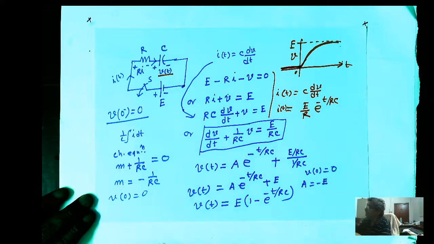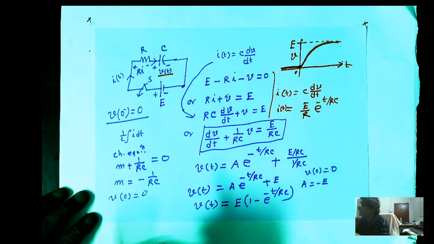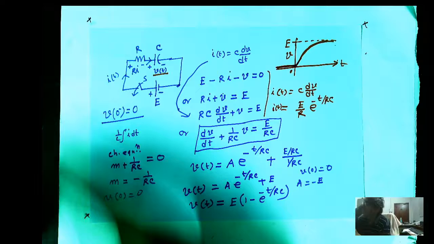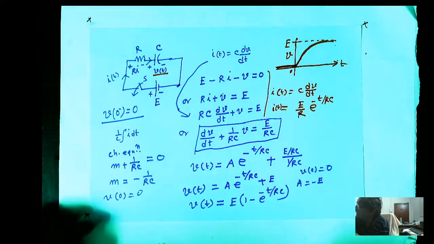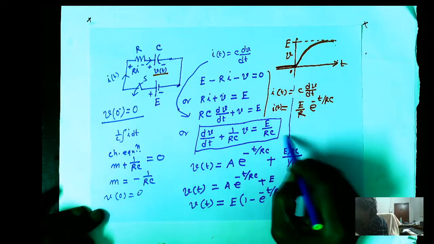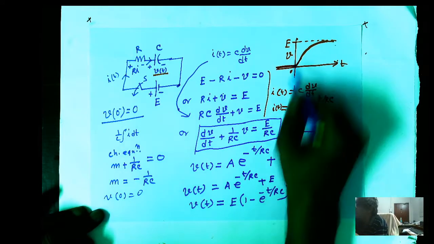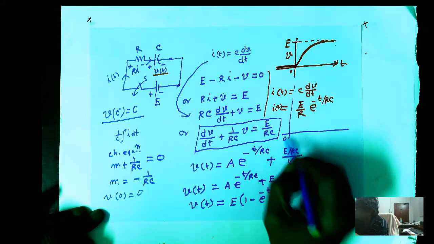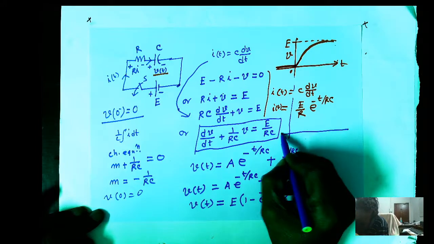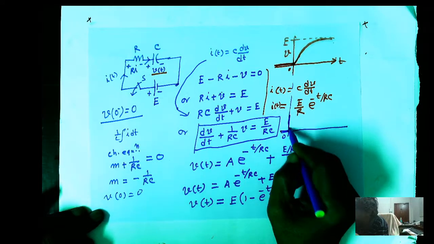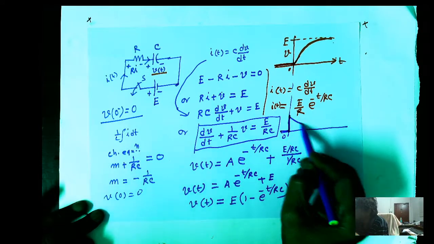And so if you sketch the current below this, it will look synchronized with this curve. t equal to 0 is this point. So current was 0 and suddenly it goes up and then exponentially decays.